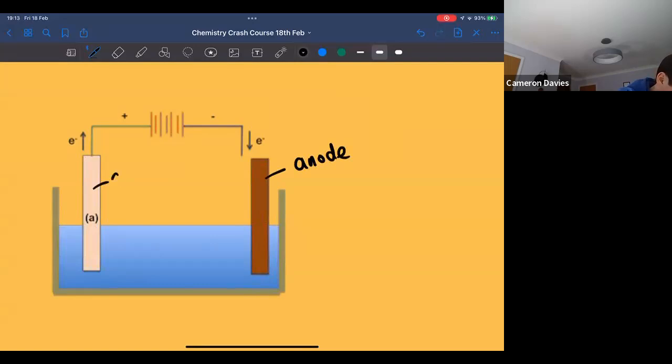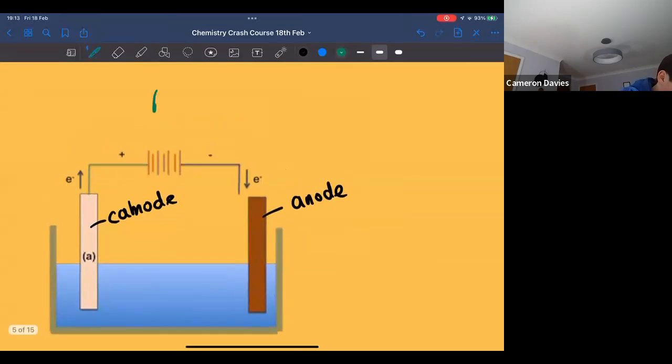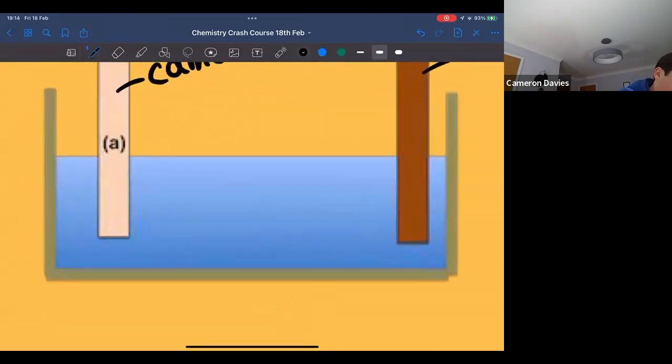So if we just draw our diagram again, we've got the anode, the cathode, and then, as we said, we've got the Na+, the cations, and then we've got the Cl-, which is the anions.